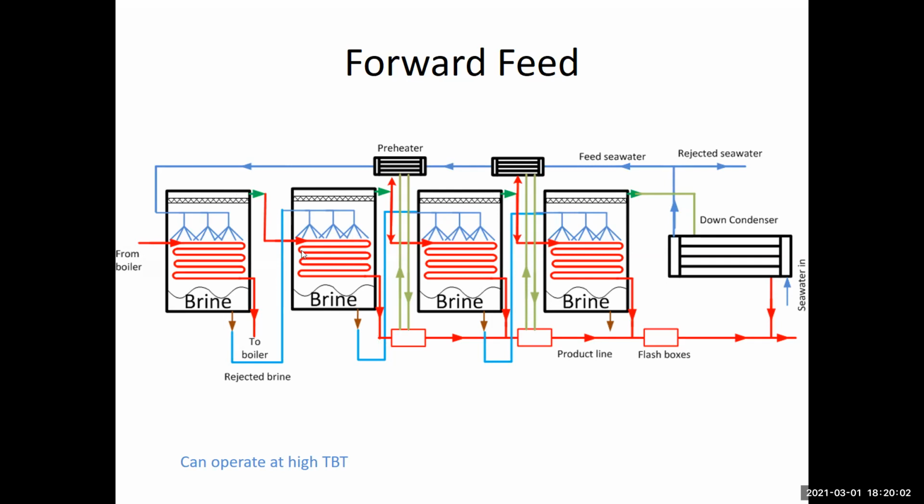It will condense here, and then we are going to collect it as D1 right here. So we are collecting sweet water here and here. So this red line here is the line of sweet water production.